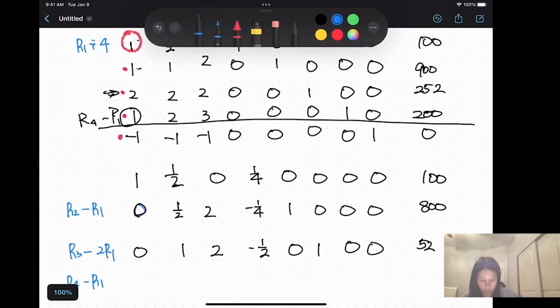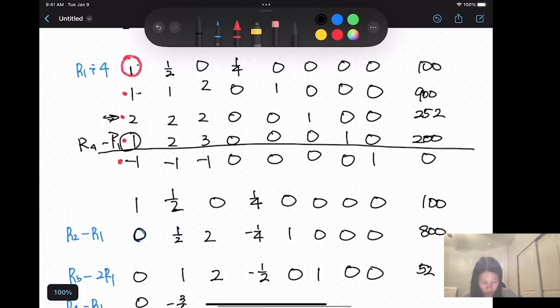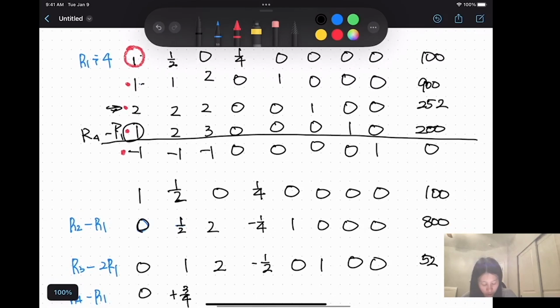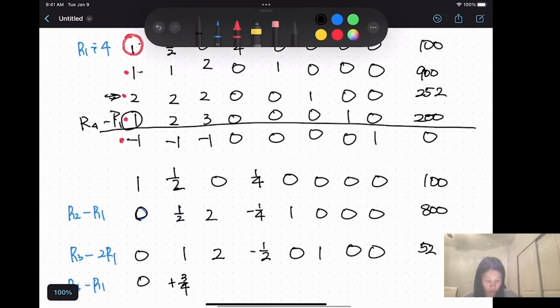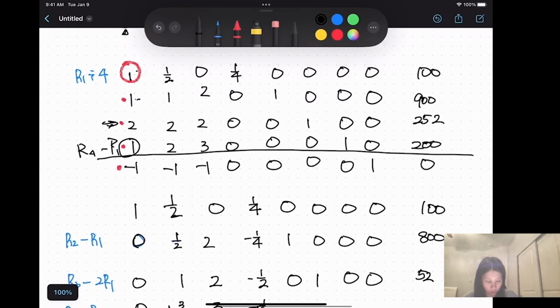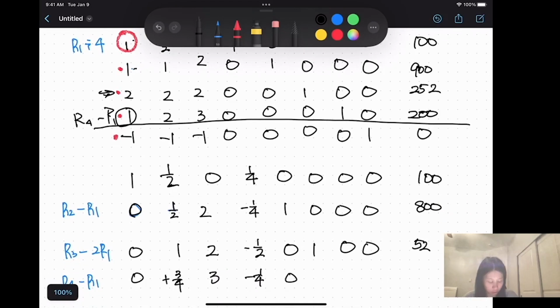In here, we will get 0. 2 minus 1/2 is 3/2. Then this would be 3/4, negative 1/4, 0, 0, 1, 0, and this equals 200 minus 100, which is 100.